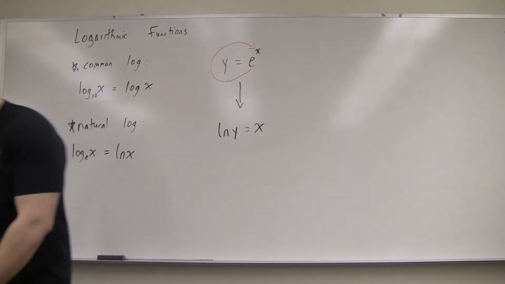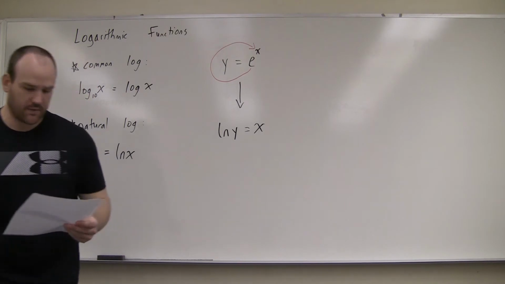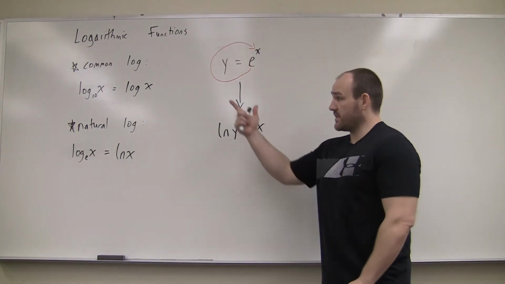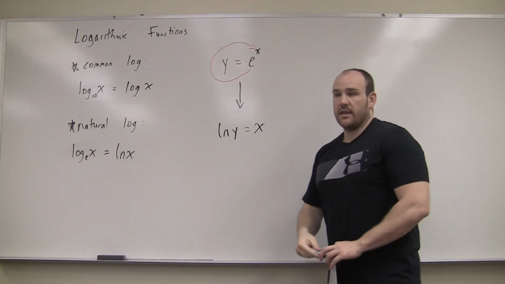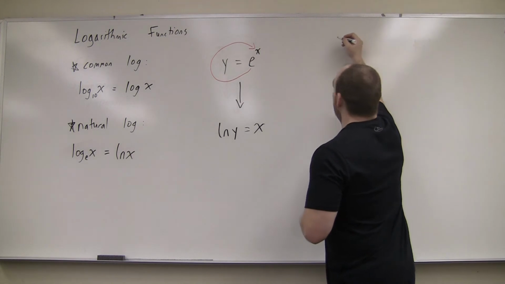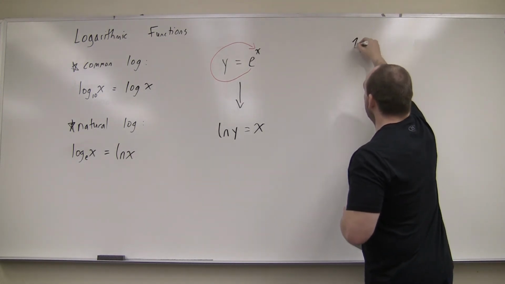All right, so let's go ahead and talk about a couple different properties of logarithms. What we're going to use to solve logarithms or logarithmic functions is going to be this conversion and then different properties of combining logarithms. I'm going to write these here and try to leave them the rest of the time, that way we can use them as we go along.